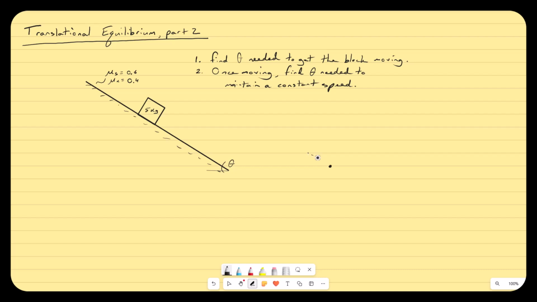There is my ramp, incline, sorry. I'm going to have gravity going down, a normal force that points normal to the surface, and then a friction force. This thing wants to slide down, so I'm going to have a friction force that points up the ramp.